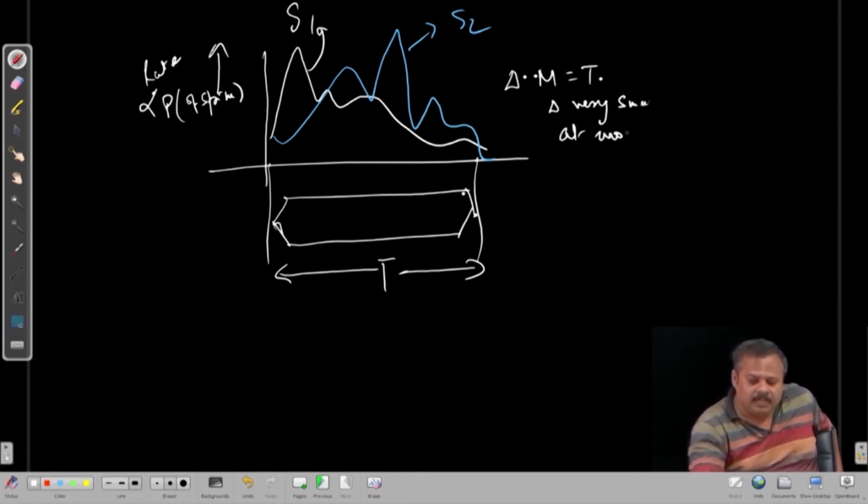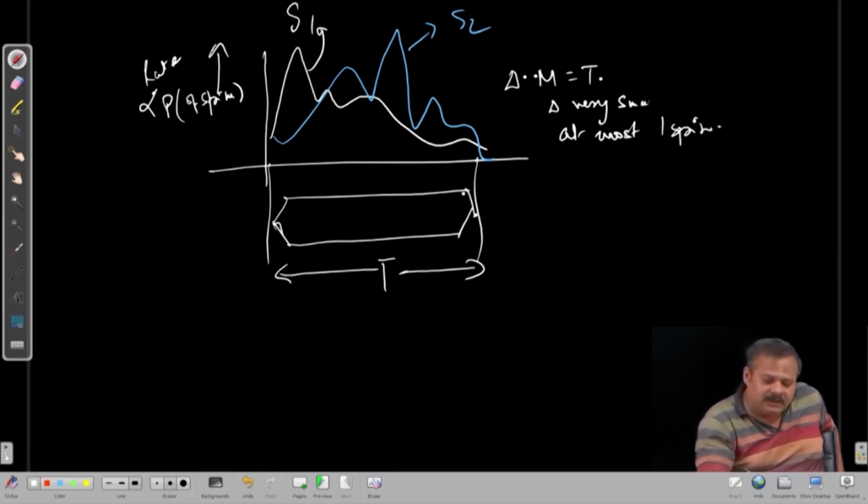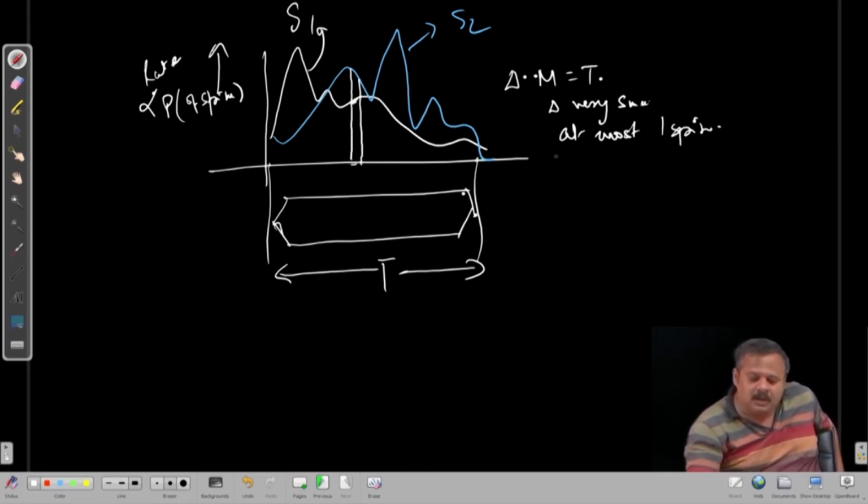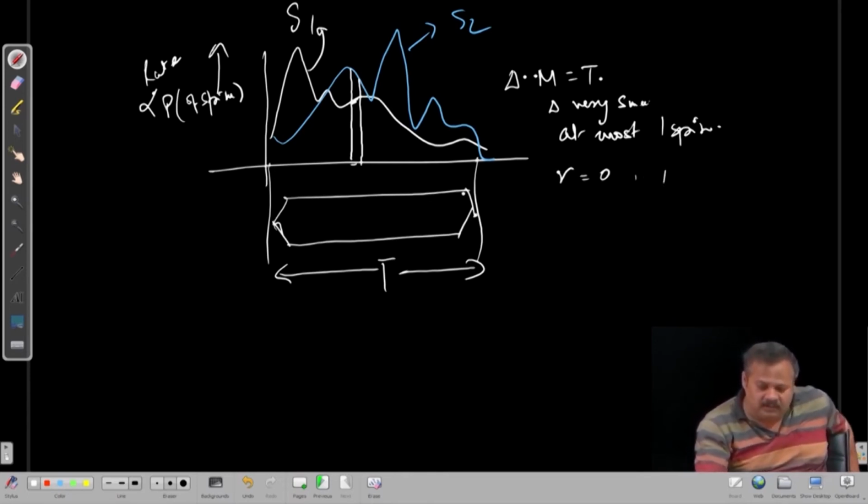Now, let us say in the ith bin, the random variable r, the response in the ith bin, takes on value 0 or takes on value 1, that we already know.